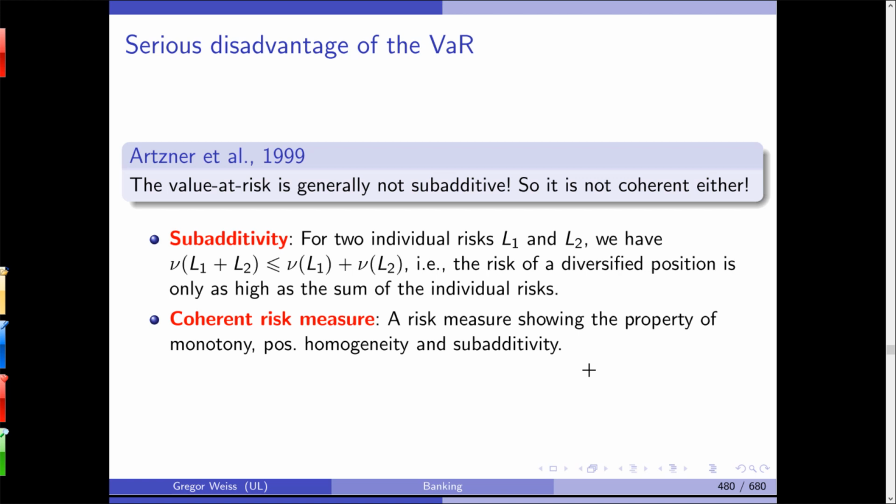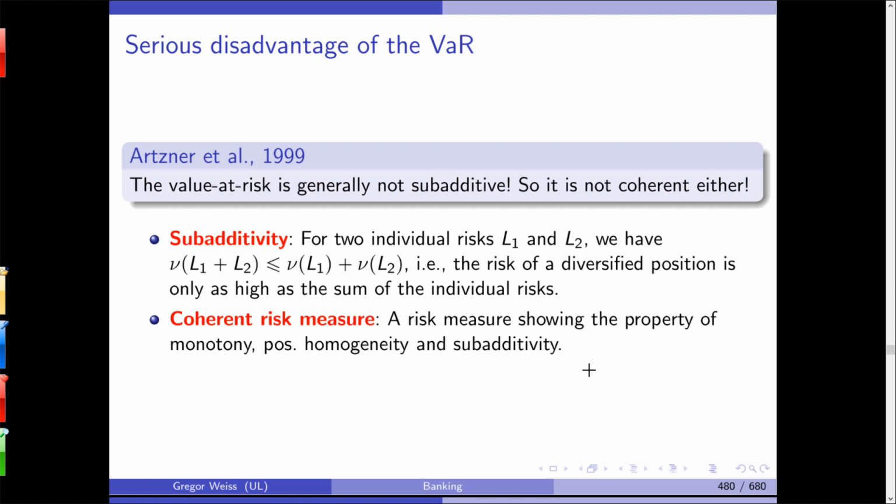And if you have a risk measure that is monotonous, positive homogeneous, and subadditive, it is called coherent. Value at risk is monotonous and positively homogeneous, but it's not subadditive. Not always, not for all distributions. That is a problem. Why? Because theoretically, if you use value at risk in portfolio management, it could mean that diversification does not show up in your risk metric.